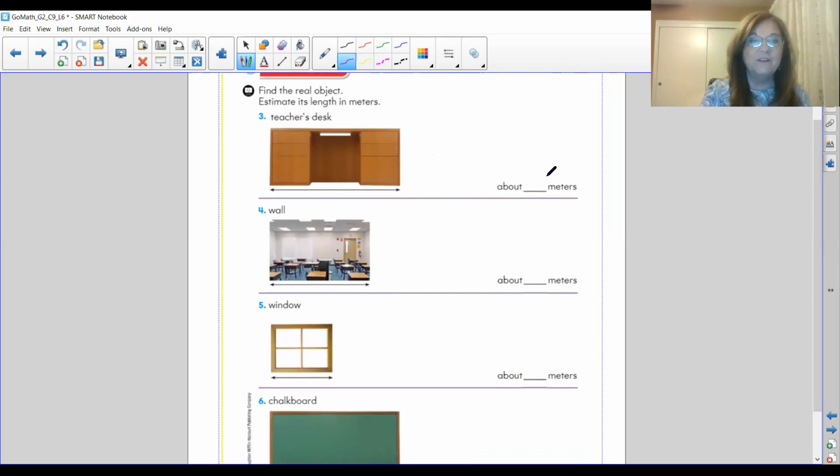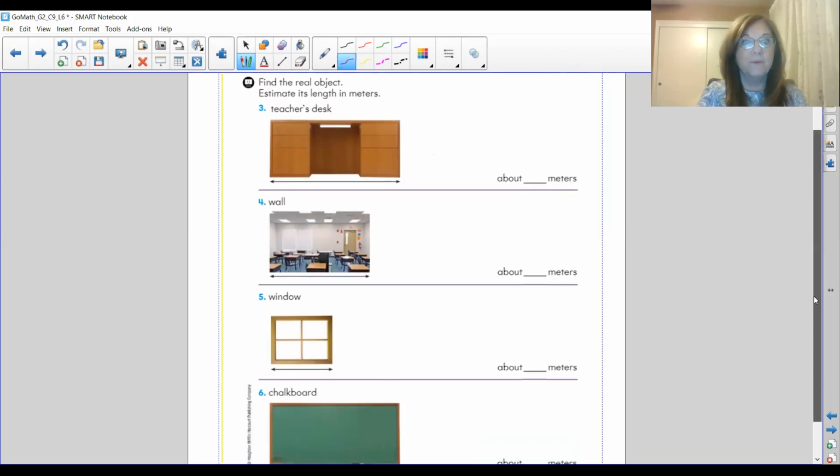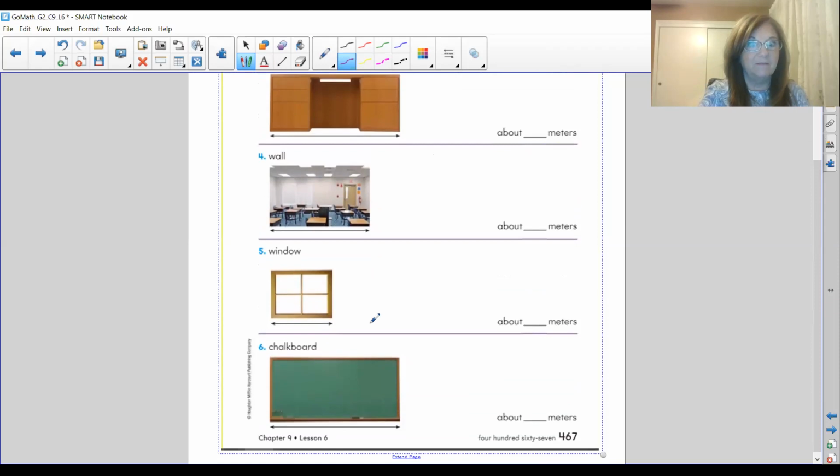You don't have to know exactly, just what you think. And a wall, all the way across a wall, a window, and a chalkboard or a TV. Might be a TV if you don't have a chalkboard at home. Could be the garage door, something big. And just kind of guess how many meters it might be.